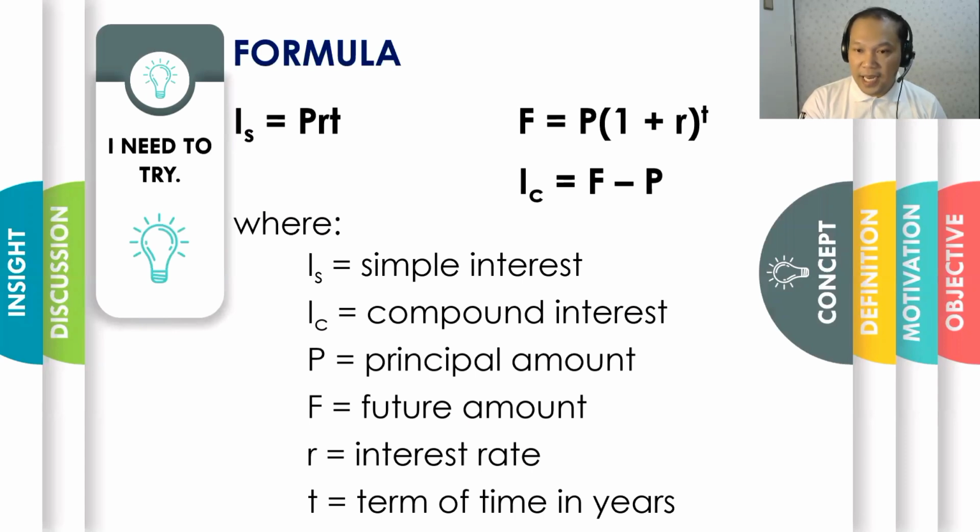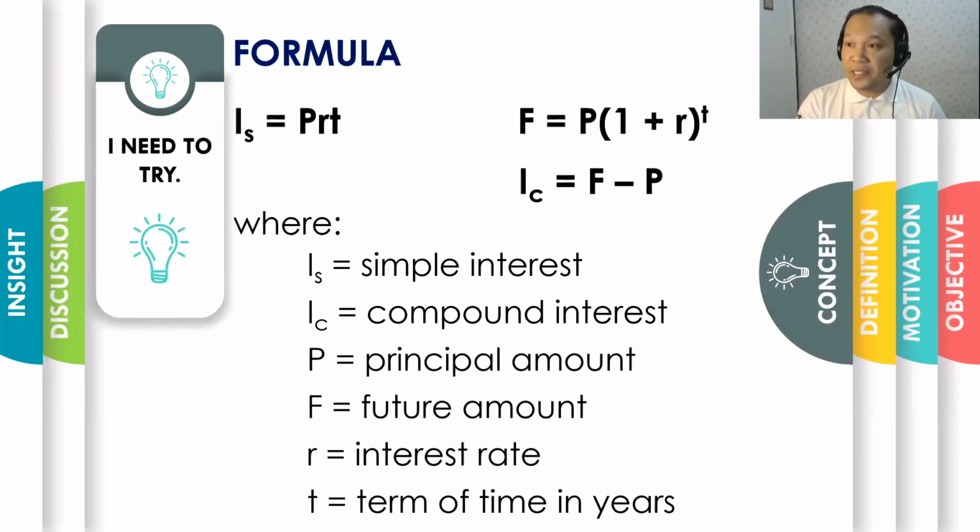I sub C is what we call the compound interest. And to find the compound interest, first we have to get the F, and then after getting the F, subtract P. Okay. Now, what is P?